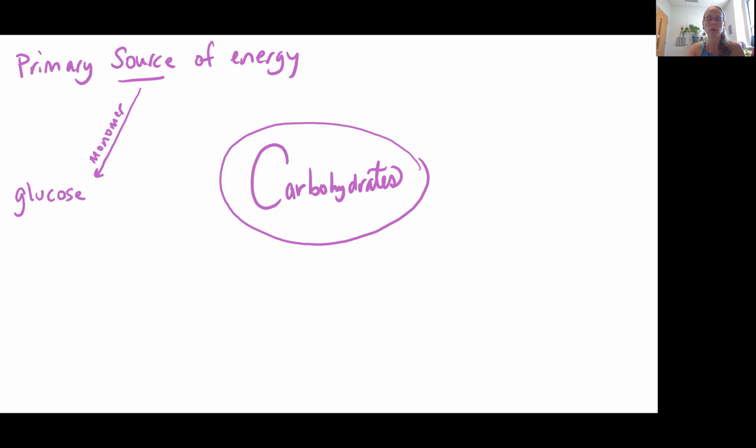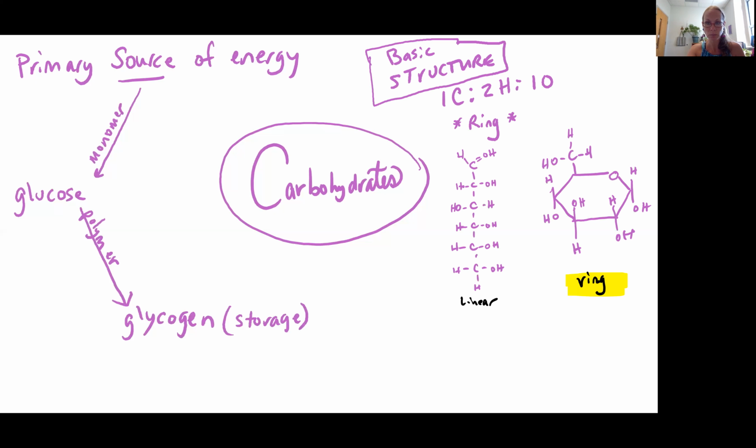In our cells, if we have extra glucose, our liver cells specifically can store that glucose in the form of glycogen. So glycogen would be an example of a polymer where you have lots of glucose molecules chained together. So think of glucose as the monomer that our cells are using to make energy. Glycogen is our polymer that our liver cells and some of our skeletal muscle cells will use to store glucose.